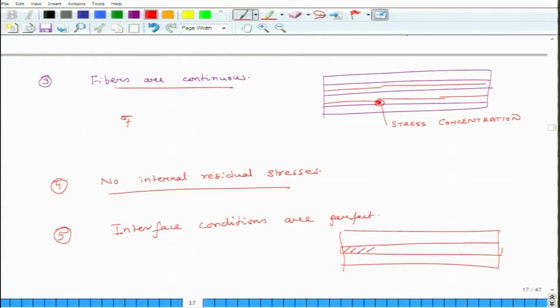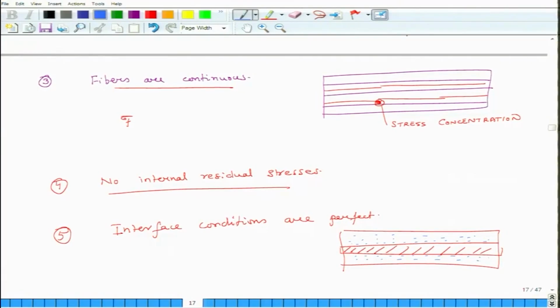So, this is my fiber and it is surrounded by some matrix, and once again we assume that the matrix is perfectly bonded to the fiber.